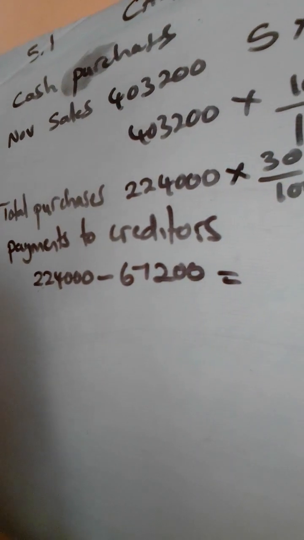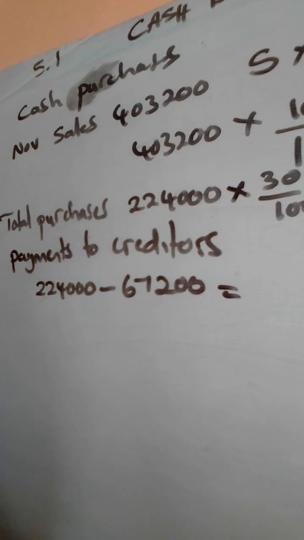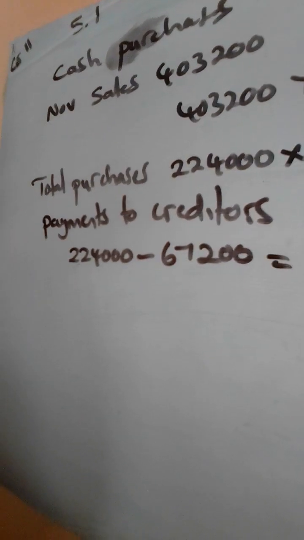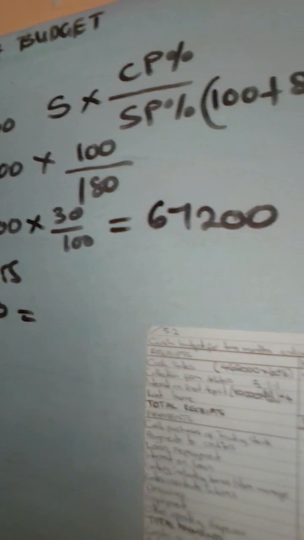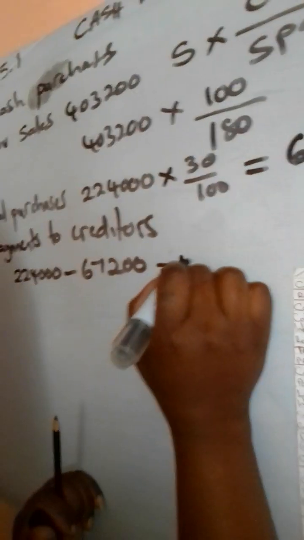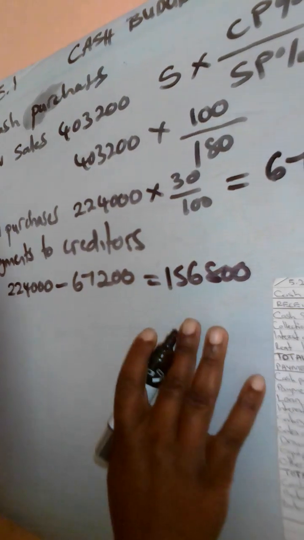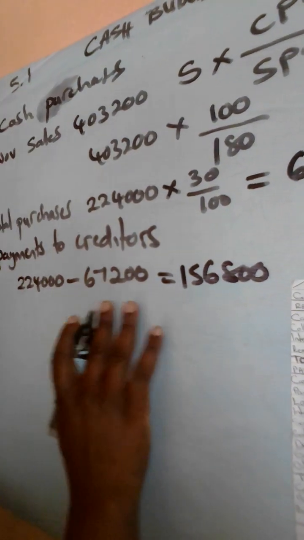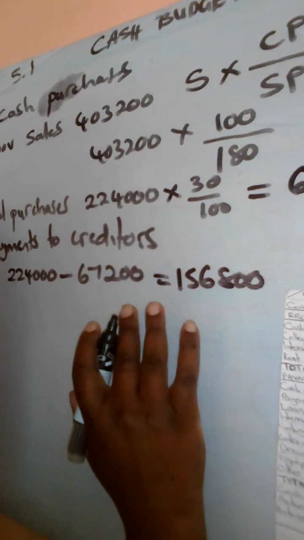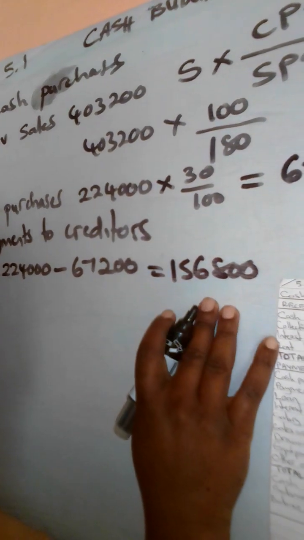It will give us something like 156,800. Okay, 156,800 are the credit purchases.